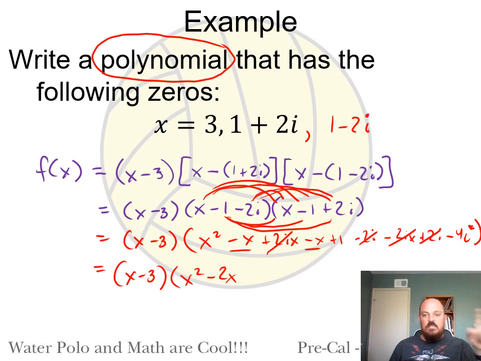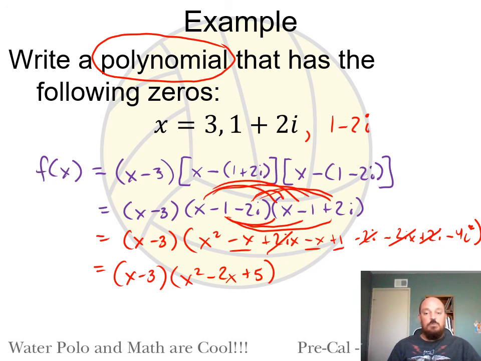And then that minus 4i squared, remember i squared is negative 1, so that turns into a plus 4, which I combine with this plus 1 right here, and I get plus 5. So it looked like a mess when I multiplied it out as this big, long, messy thing, but it turns into just an ordinary quadratic, x squared minus 2x plus 5.